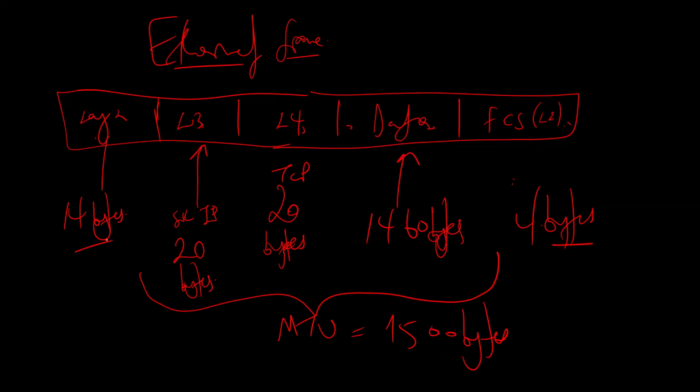So you realize the maximum size of Ethernet, 1518, is determined by the MTU of 1500, with the MTU determined as well by the MSS, which is the maximum segment size, 1460 bytes.